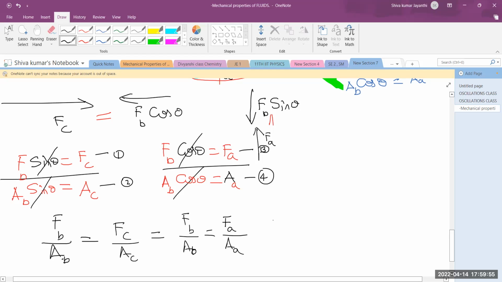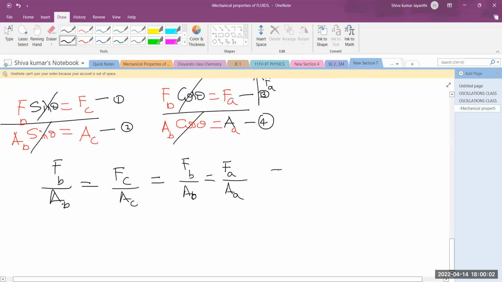So what does it infer? The pressures are equal. This clearly infers that the pressure on surface A is the same as the pressure on surface B, which is the same as the pressure on surface C. Pressure, not power.